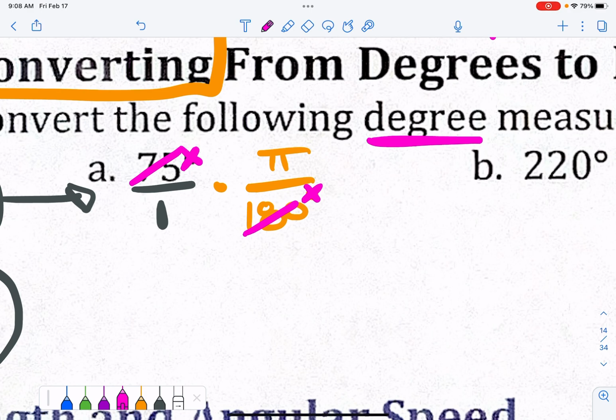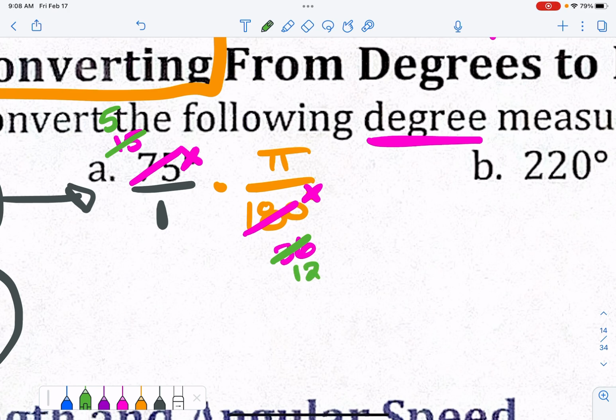So like I know that both of them are divisible by 5. I know that for sure. 75 divided by 5 is 15. Okay, 180 divided by 5 is 36, okay? Now, can those reduce more? Yes, I think they can. If I divide by 3, so 15 divided by 3 is 5, and 36 divided by 3 is 12.